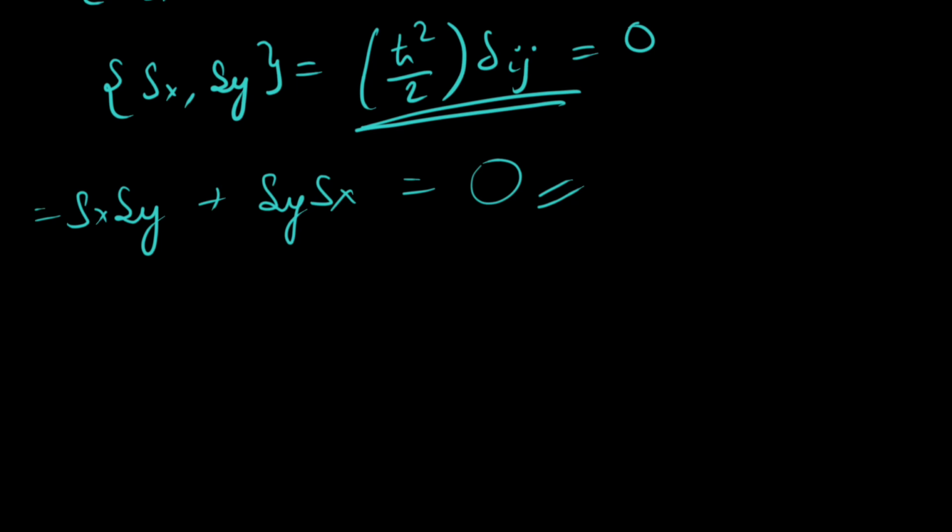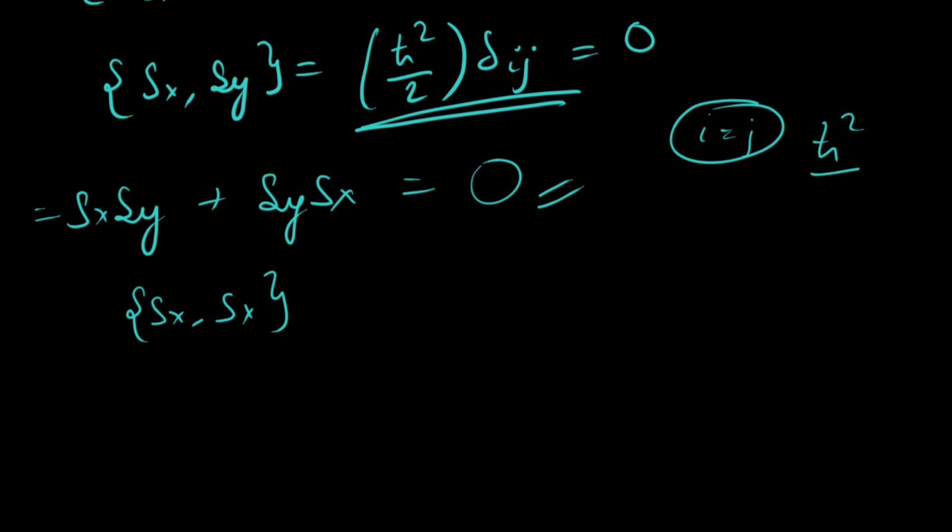So let's check for Sx comma Sx, for the case of i is equal to j. So we should be getting h bar squared by 2 as the final value. So here we'll get, actually it would be 2 Sx squared, right?